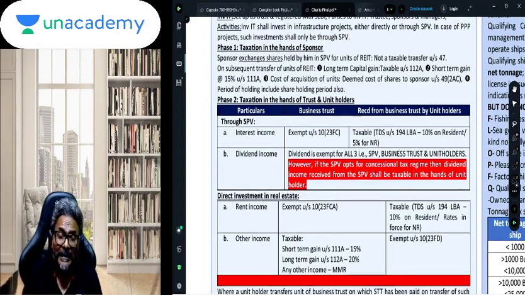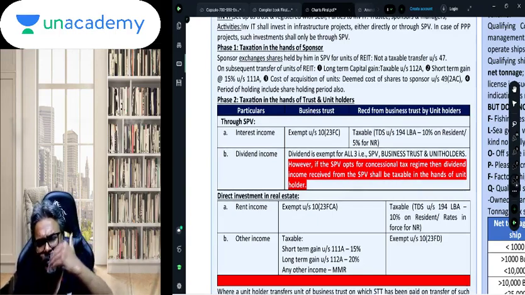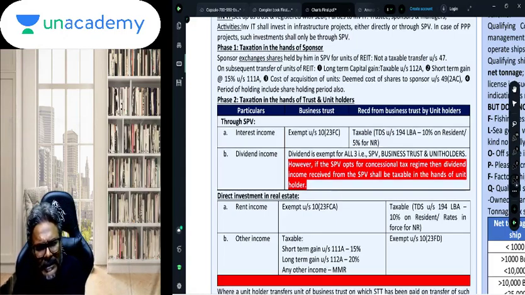Then the income arising from such activity, students, will be chargeable under the head PGBP. So the rental income pass through is available, yes. So it will not be assessed in the hands of the REIT, but will be assessed in the hands of the unit holder. Okay, so that is how the things will be considered over here in this context.